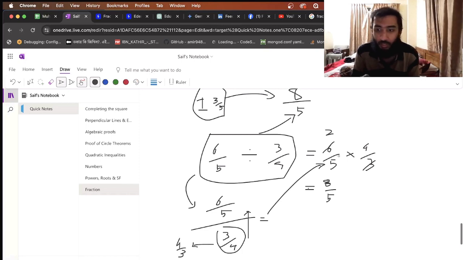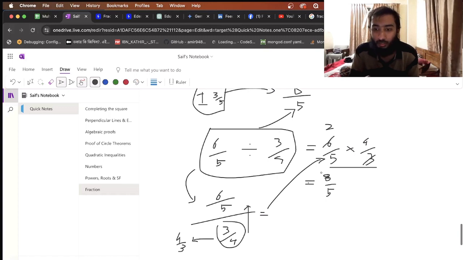Then we can multiply and cross. So this is how we can prove that the right hand side and the left hand side are equal.